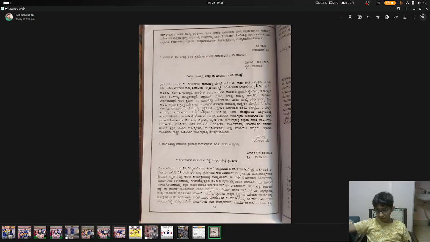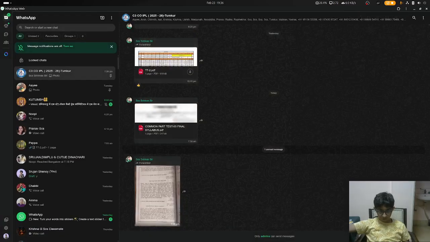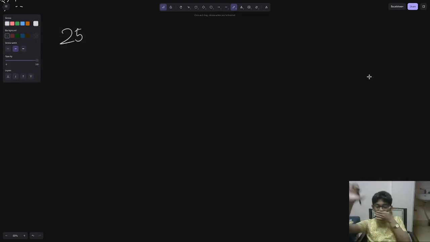I think this is our Kannada essay writing, which is not essay writing, which is there for exam. Okay, moving on with our math lesson.